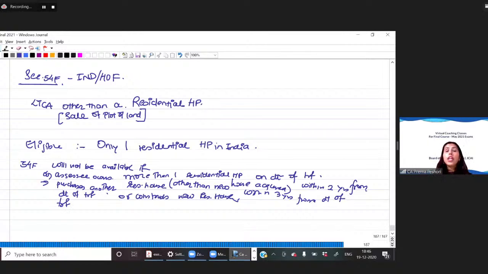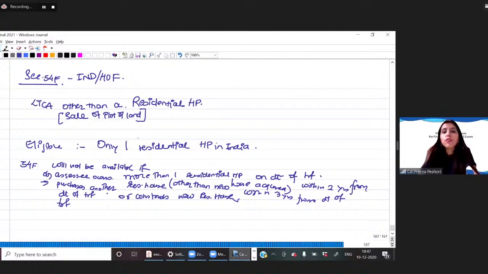So 54F will not be available if you have more than one residential house property on the date of transfer, plus if you purchase another residential house within 2 years from the date of transfer, or construct a new house within 3 years from the date of transfer, then 54F will not be available to you. Are you clear with this?